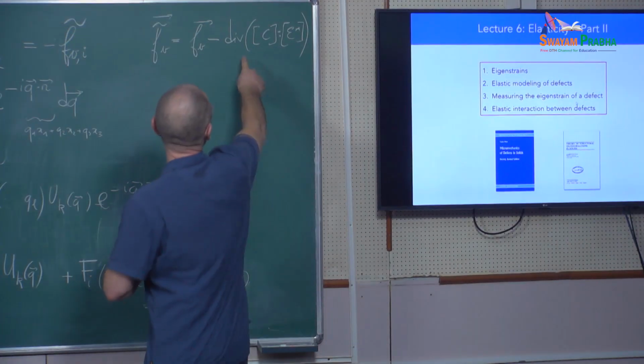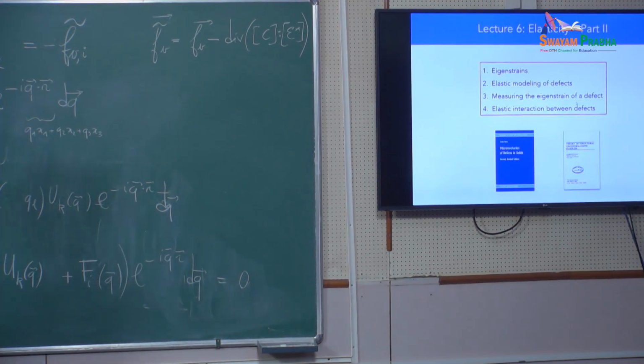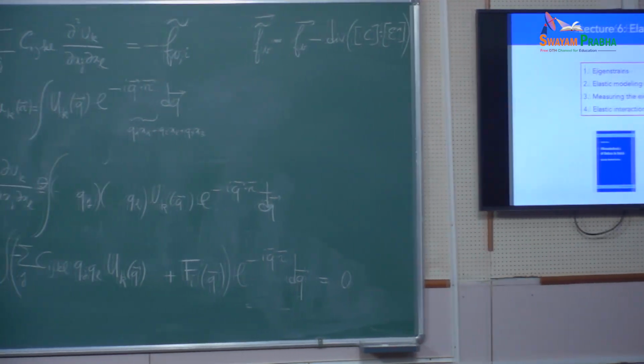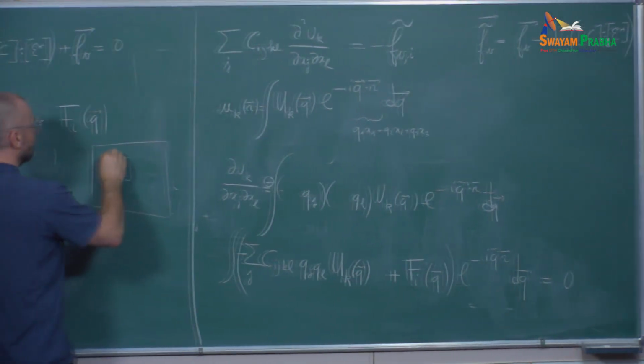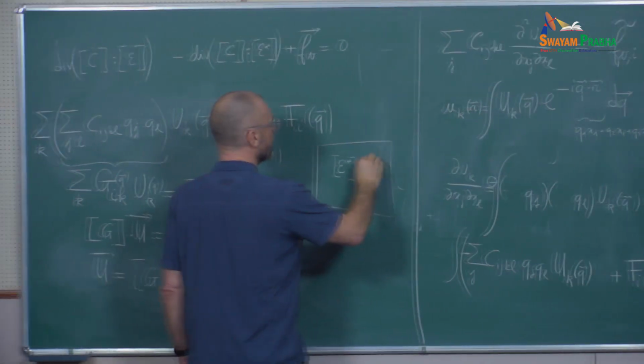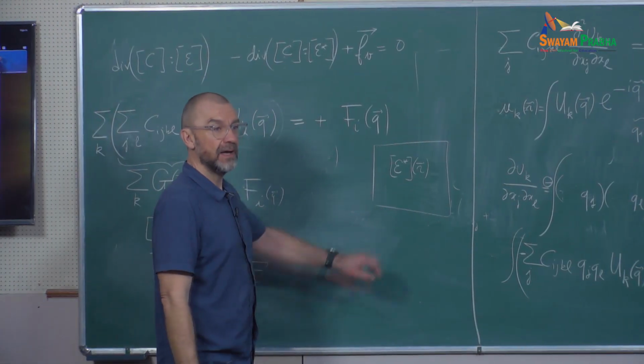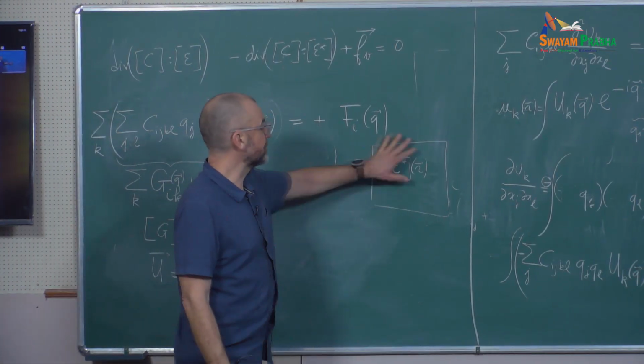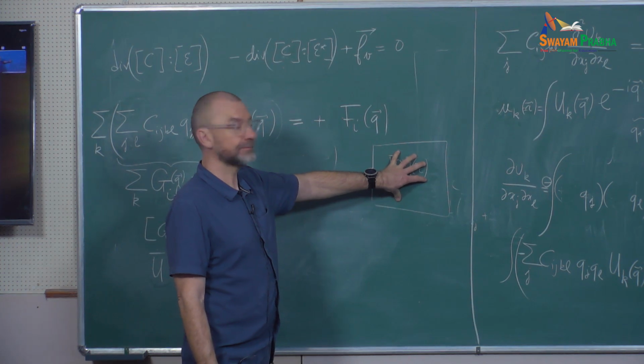If I have a cell and I assume that I have a precipitate, or I don't need to know it's a precipitate, I take a simulation and I know that there is some eigenstrain that depends on space. Right? I know the eigenstrain field in real space.